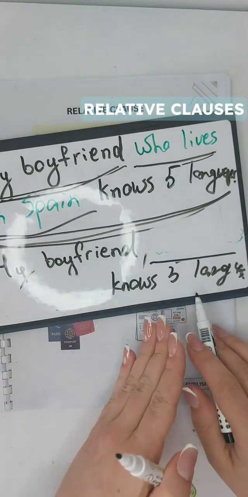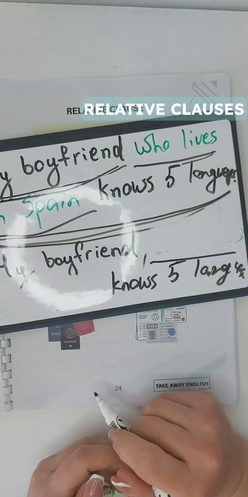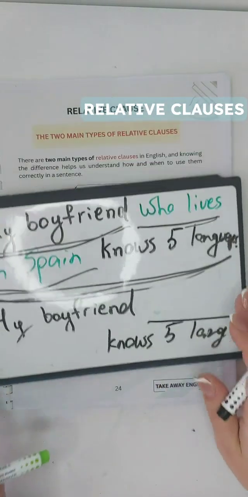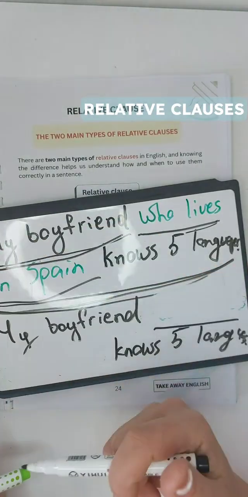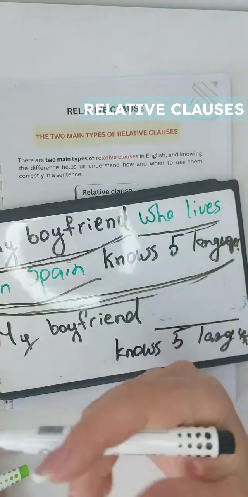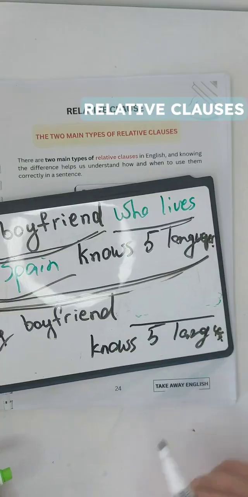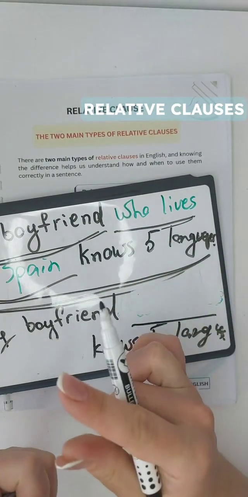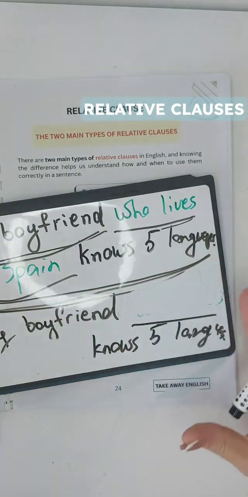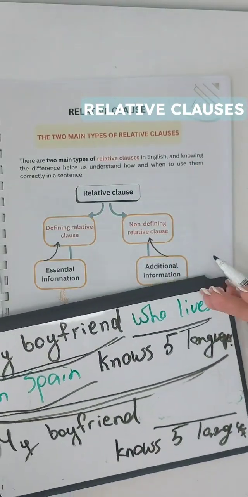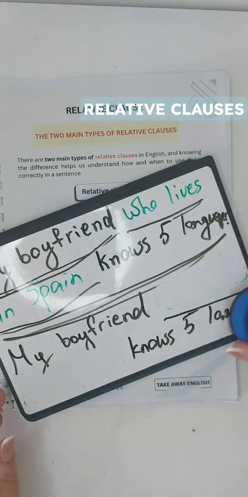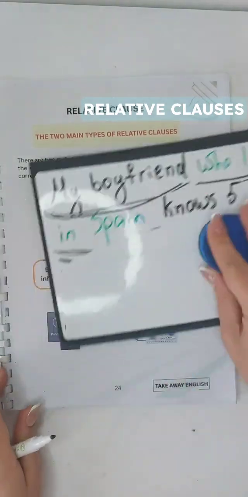My boyfriend knows 5 languages, okay? Whereas here you are identifying which of your boyfriends knows 5 languages. Okay, because a defining relative clause is an identifier, like a passport. It identifies who or what we are talking about.